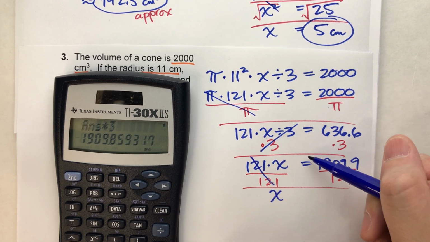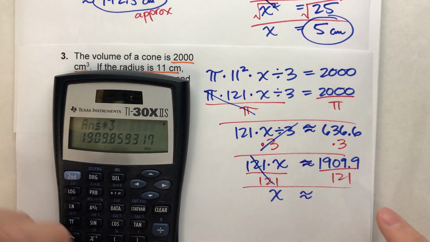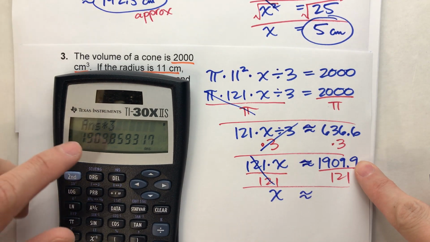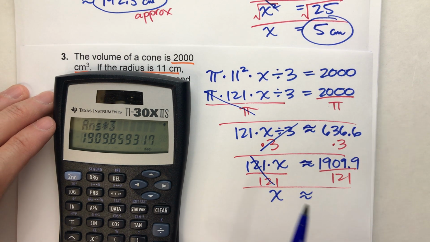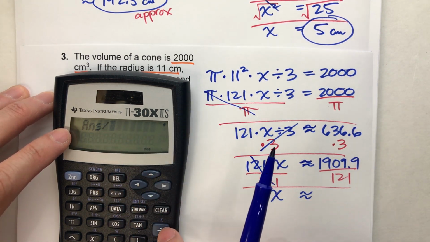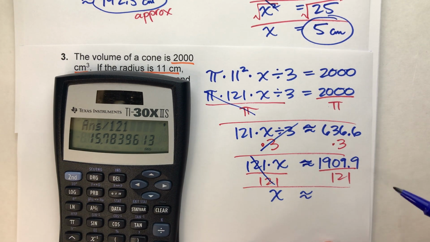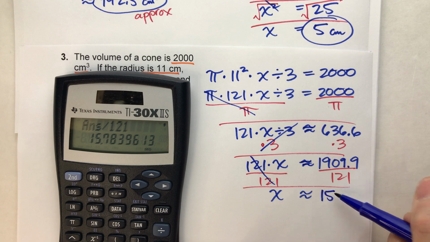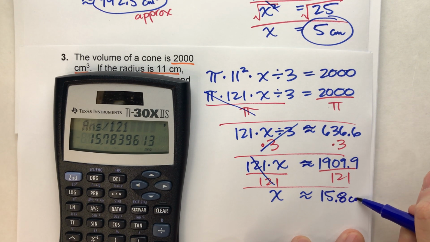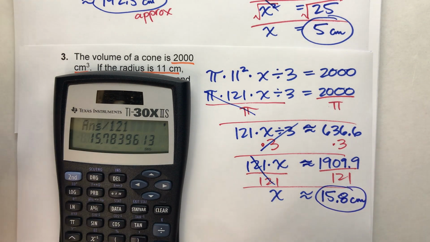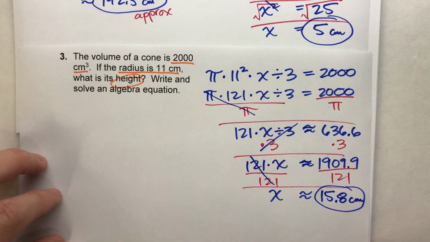X gets me, and by the way, I should be putting approximately because I did have to round these on my paper, but all right. So I'm going to take that previous answer, this number on my window, and divide it by 121. Boom. Again, it's still a crazy decimal, but we're going to round it because this is our final answer. We'll go 15.8 centimeters. All right, so the height of that cone is about 15.8 centimeters.